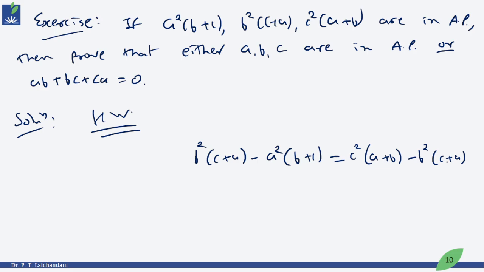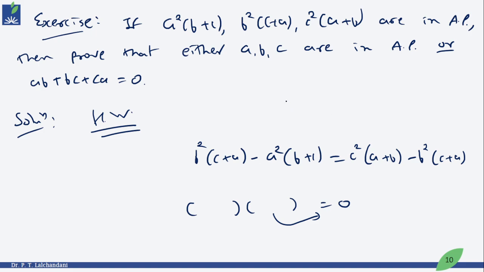Now, simplifying these two terms, you will get two brackets whose product is equal to 0. One bracket will give you ab plus bc plus ca equal to 0. Another bracket will give you b minus a is equal to c minus b.